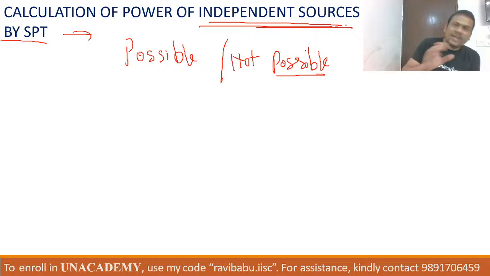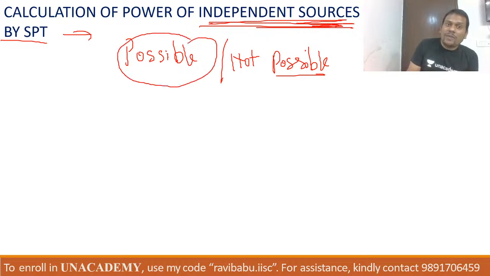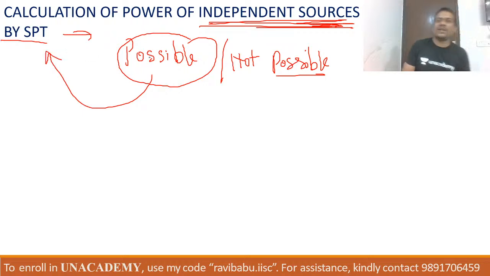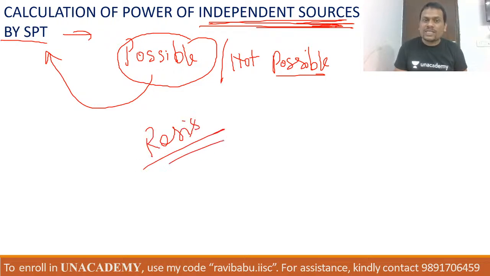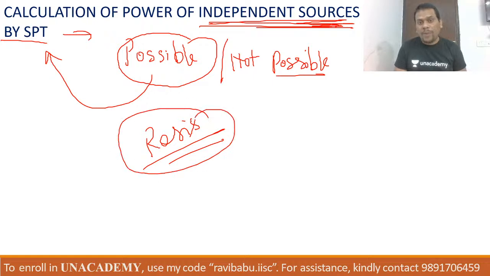Here again I want to ask you one thing: when we want to calculate independent sources' power, can we apply the superposition theorem? Please mind it, the superposition theorem is invalid only to calculate the power of a resistive element. Why the power of a resistive element? Because the power quantity P equal to I square R is non-linear.